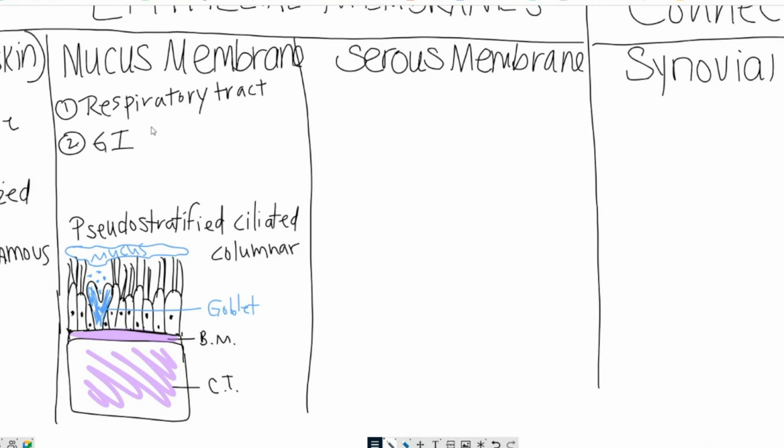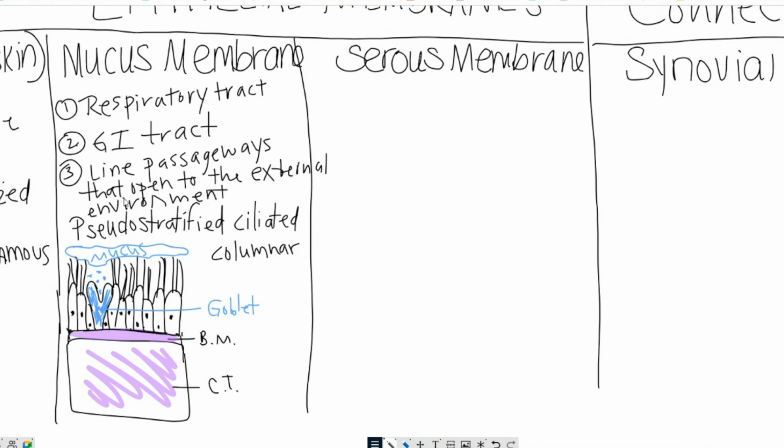Pseudostratified is in the respiratory tract. This tissue lines passageways that open to the outside environment. So if you think about your respiratory tract, that entire tract opens to the outside environment. Your GI tract, that entire passageway opens to the external environment.